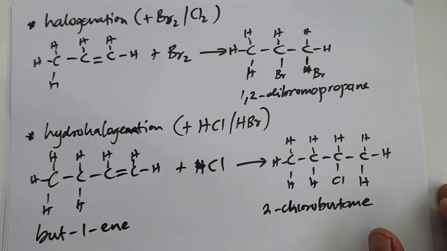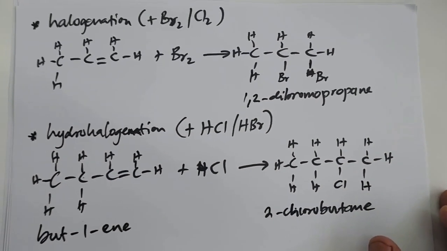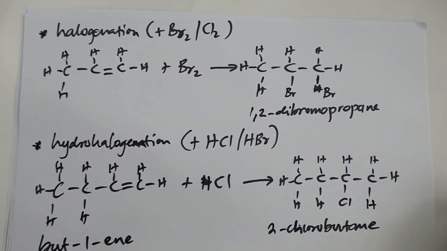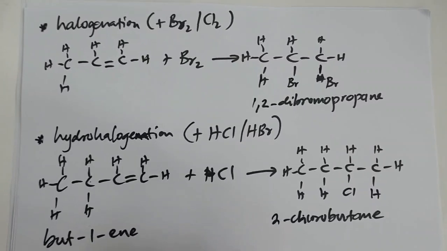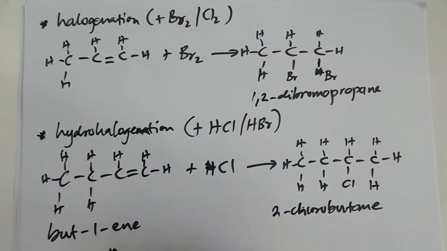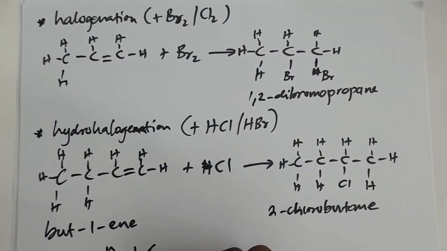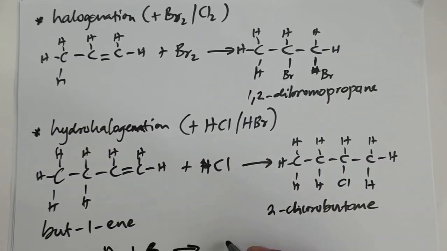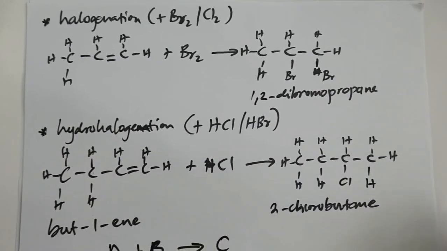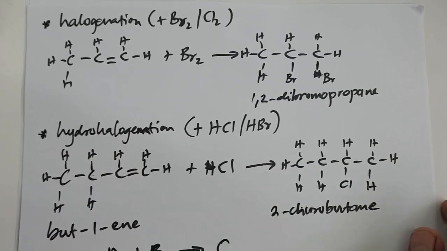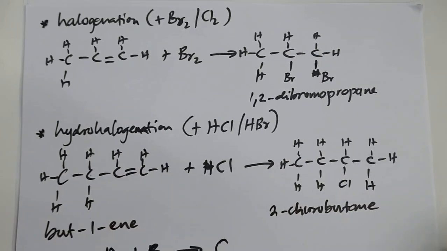So these are the 4 addition reactions. Very important. In addition, now we can summarize it this way: if I've got 2 reactants, if it's addition, then the product will be only 1. That's the case, because we are adding, we are moving from the double bond to single bonds.